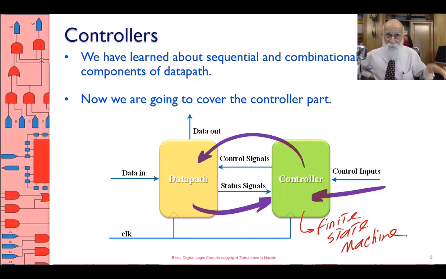So what I do is I bring it down into a very, very simple finite state machine. And that finite state machine is usually one that has one or two inputs and one or two outputs. We use that finite state machine to show you the overall properties of most controllers.